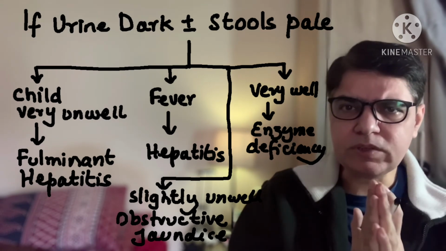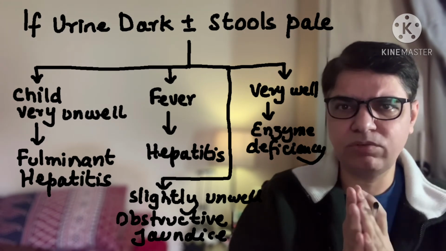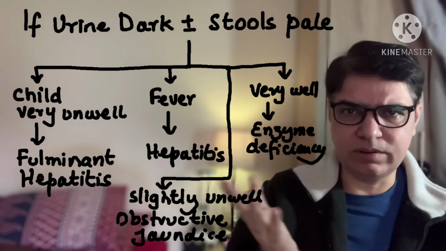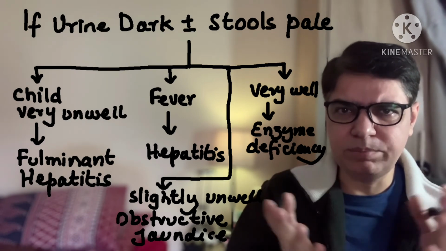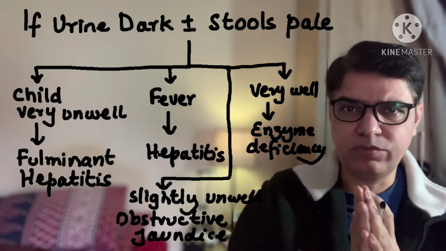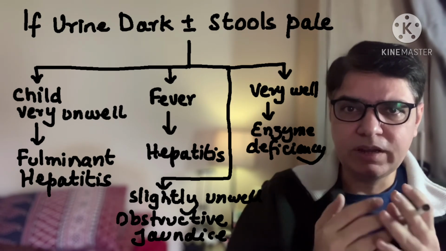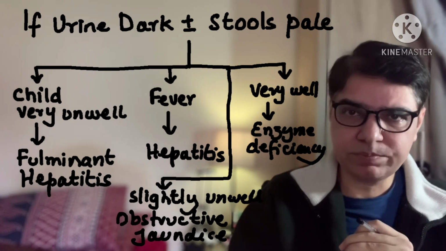So these are some of the conditions. Again, you can work up for that with an ultrasound or HIDA scan, and even ERCP and MRCP in older children can narrow down the differentials, and can not only be diagnostic but therapeutic in certain forms of obstructive jaundice.